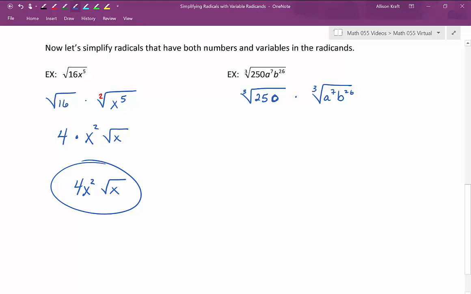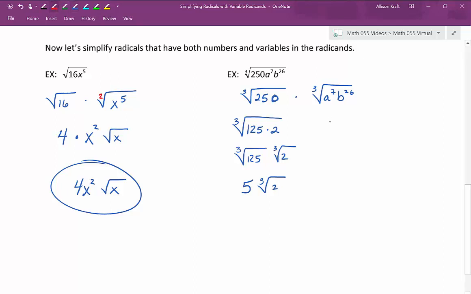We want to simplify the cube root of 250. 250 is not a perfect, so we want to find the largest perfect cube that is a factor of 250. 125 works, so this is the same as the cube root of 125 times 2. So here we have the cube root of 125 times the cube root of 2. And we know the cube root of 125, it's a perfect. This is 5. And then we have the cube root of 2.